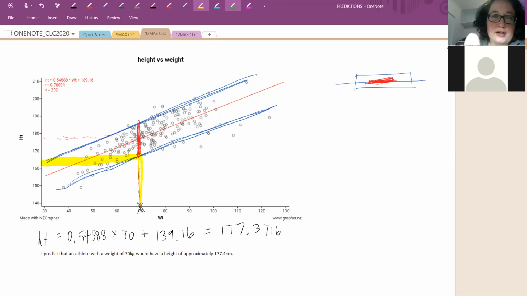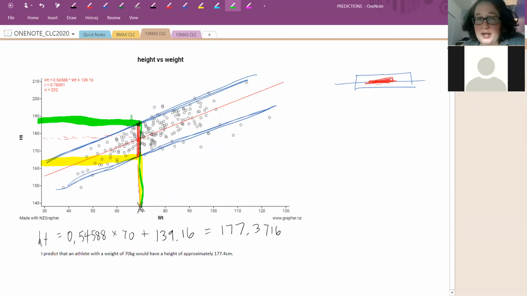And then if I followed it up again and went across, that would give me the very top value that I am predicting. And of course, the value that I initially found with my equation should fall between those two values.